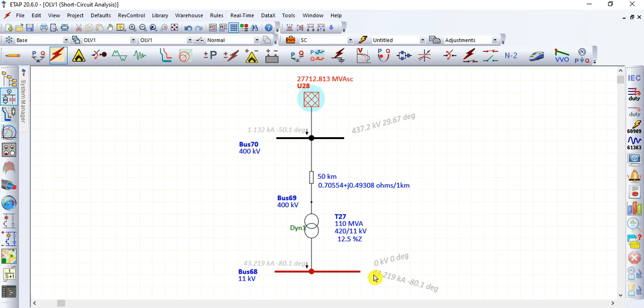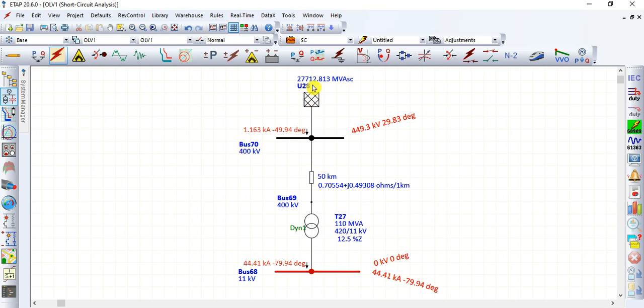So previously, considering the grid short circuit current of 20 kiloampere, this transformer secondary side bus short circuit fault current is 43.219 kiloampere. So now let's run this, and now it is coming 44.41 kiloampere. So now almost only 1 kiloampere short circuit current is increased.